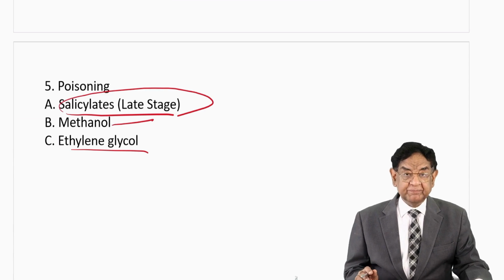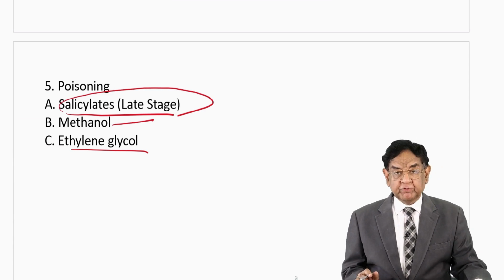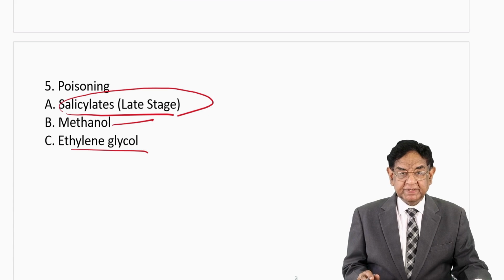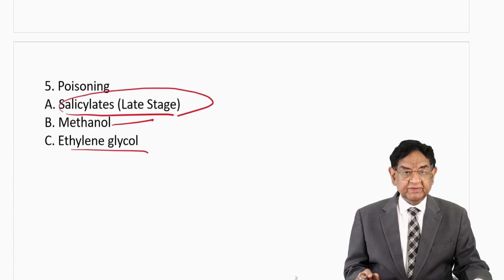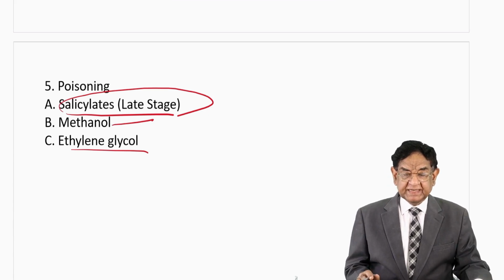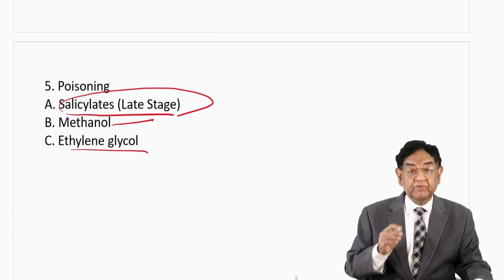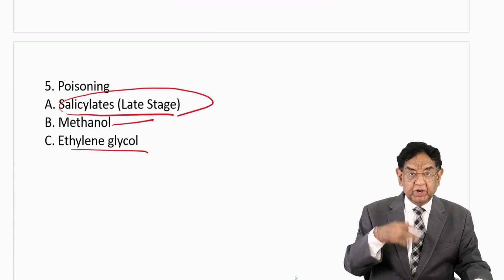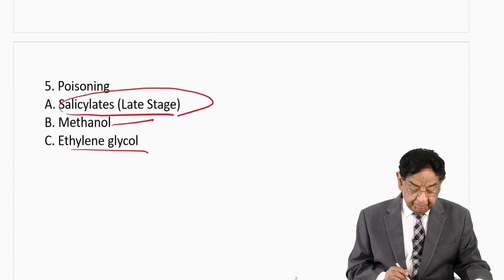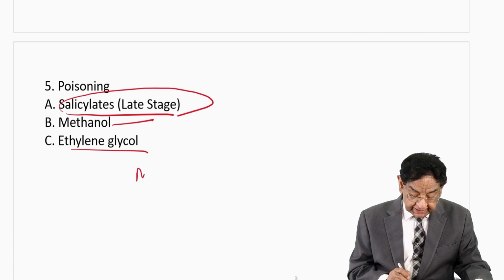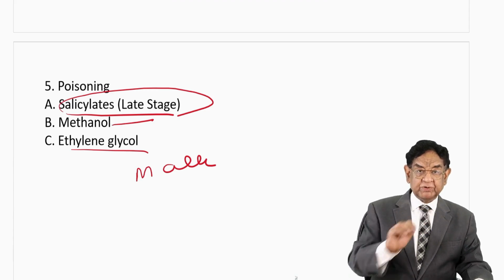In salicylate poisoning, somebody has taken maybe 20 tablets of aspirin. So immediately when the aspirin goes, it is an acid, the body will try to wash out CO2. The patient initially will develop metabolic alkalosis because of hyperventilation, the point I told you.